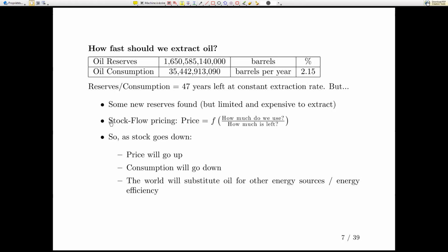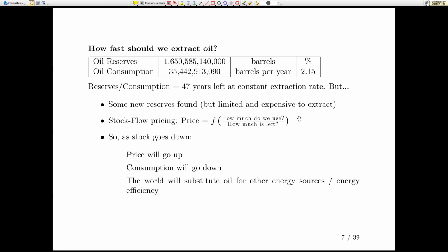There's a very simple model for this called the stock flow asset pricing, which says that price is some positive function of how much we use divided by how much we have left. So it's a function of this percentage. Of course, the more we use, the higher the price will be, and the less we have, the higher the price will be.